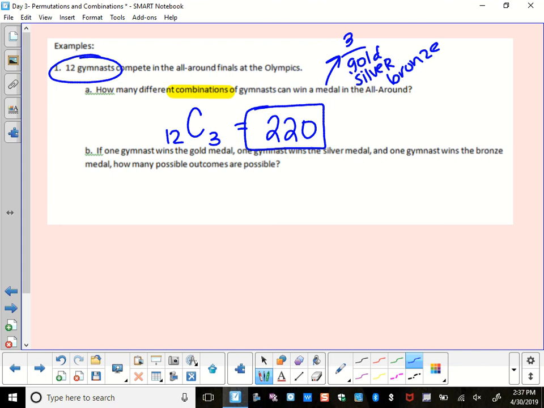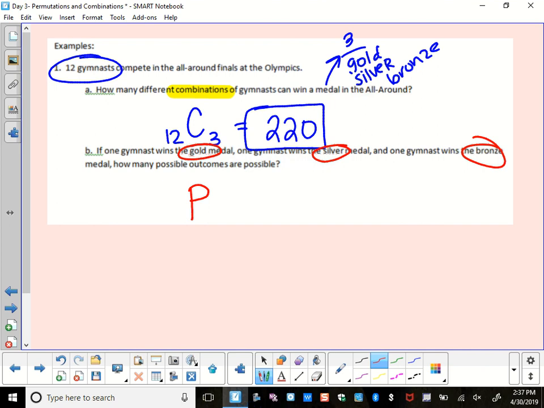Let's look at letter B. If one gymnast wins the gold, one wins the silver, and one wins the bronze, how many possible outcomes are possible? Now does order matter? Yeah, it matters because one's going to win gold, one's going to win silver, and one's going to win bronze. So the order matters. If you're first, you're gold. If you're sixth, it's not going to matter, but we need to know how many different possibilities we have.